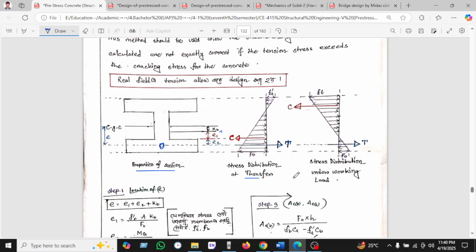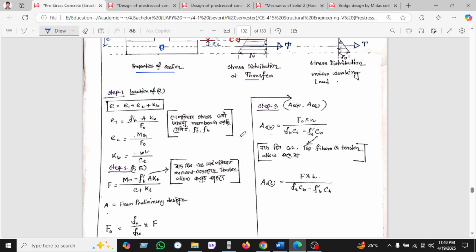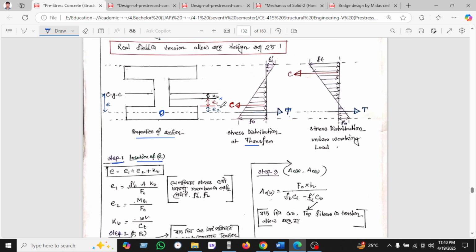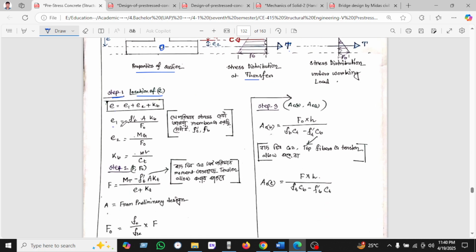The stress distribution is T, and the stress distribution under the working load is here. At first, step 1 is the location of E: E equals C1, E1, E2 plus KB, as we have seen here. E1, E2 plus KB will be the total E. I will calculate E1 using this formula, E2 using this formula, and KB using this formula.